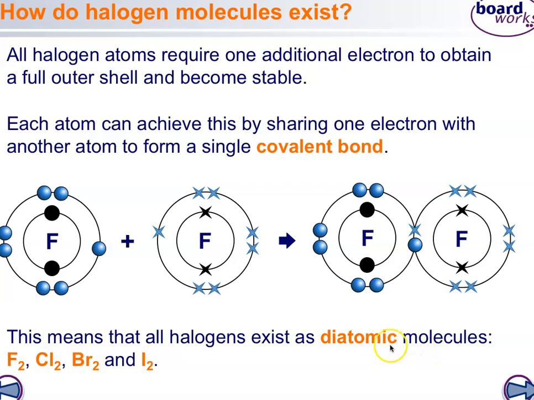They don't exist as single atoms. So we have fluorine F2, chlorine Cl2, bromine Br2, and iodine I2. They always form a single covalent bond between the atoms to form molecules in order to achieve a stable outer shell.